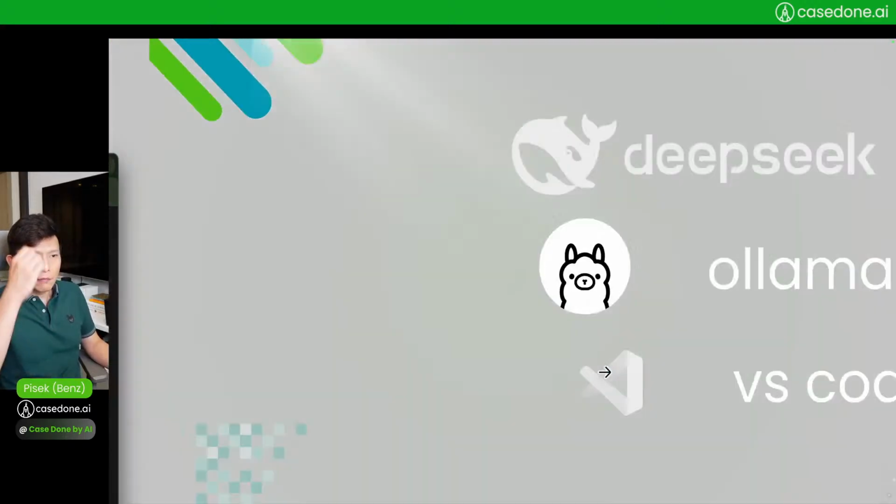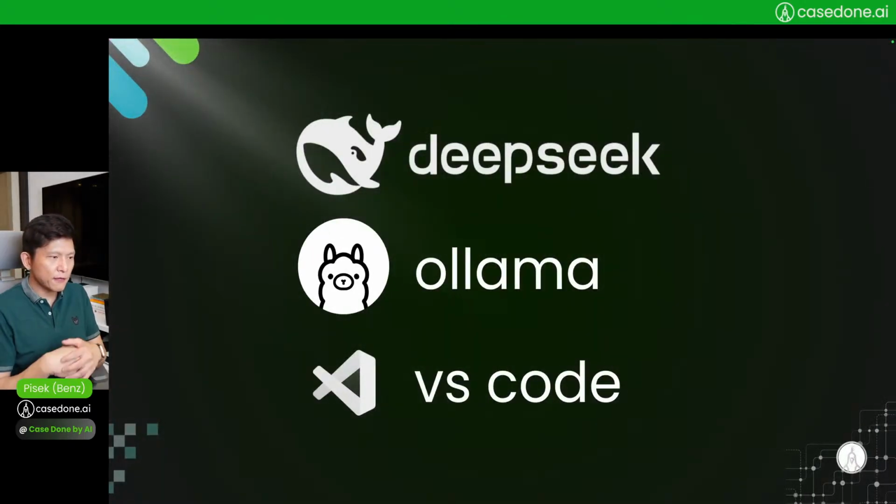All right. Next up is more in terms of developing, but you can also benefit from integrating Ollama powered by DeepSeek with VS Code. This section is going to show you how you can have an AI coding assistant within Visual Studio Code.